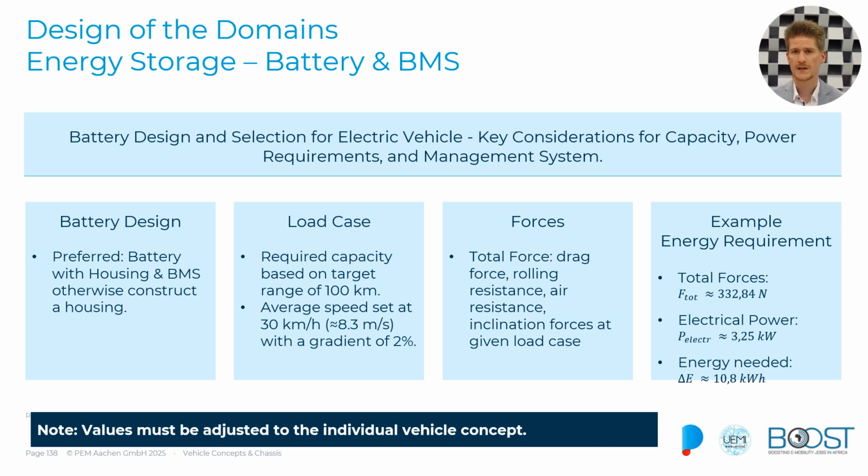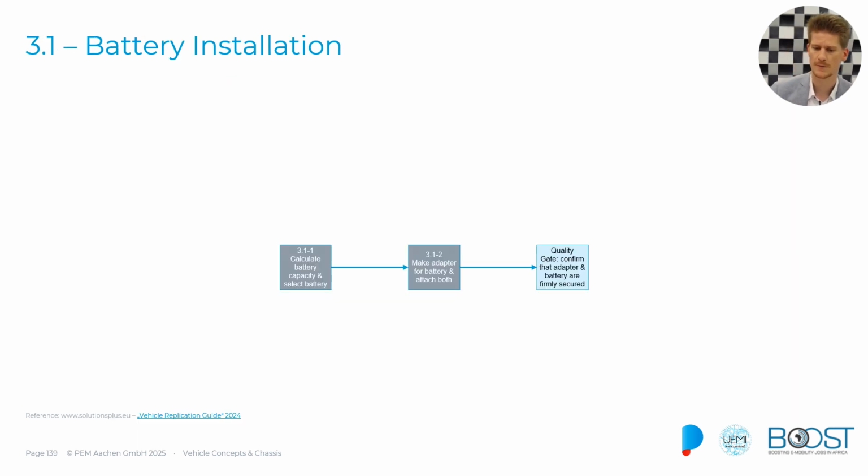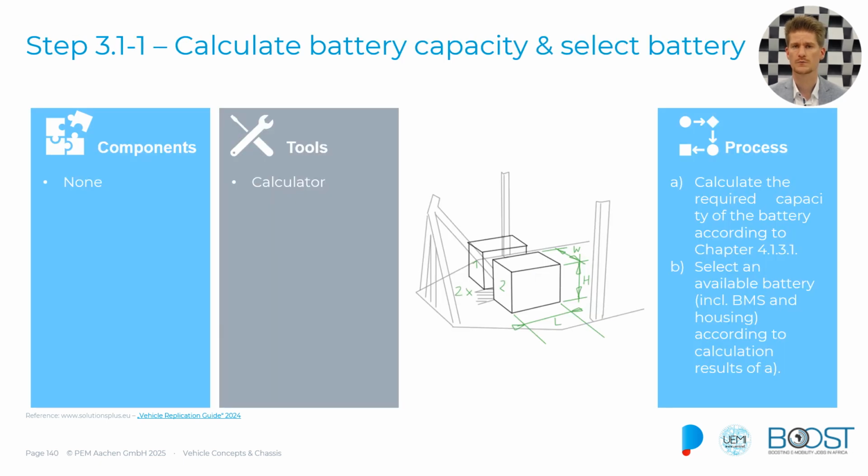So the battery installation is therefore also a rather straightforward process. It just consists of 2 steps. So calculate the battery capacity and select a battery, and then make an adapter for the battery and attach it. So the battery calculation is something that we just talked about, how this can be derived.